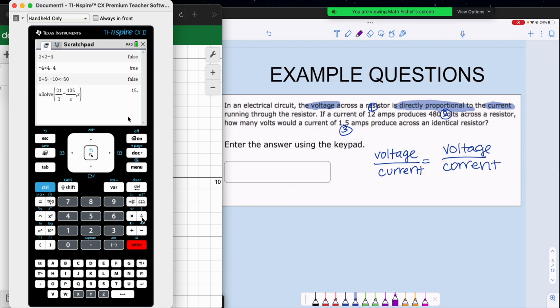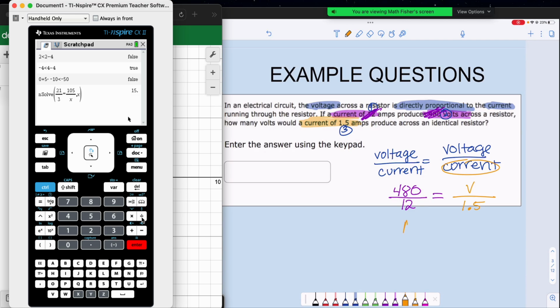Looking at my first two numbers, it says if a current of 12 amps produces 480 volts, so we have 480 divided by 12 equals, so we already used this number. Then we have how many volts would a current of 1.5, so where it says current, we're going to put 1.5, and on top we can put V. Y, it doesn't matter what letter, it's going to give you the same answer, so we're just going to use V.